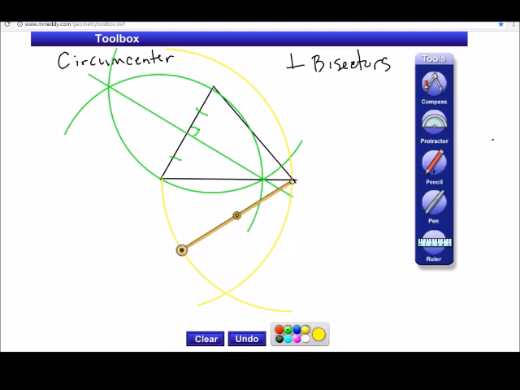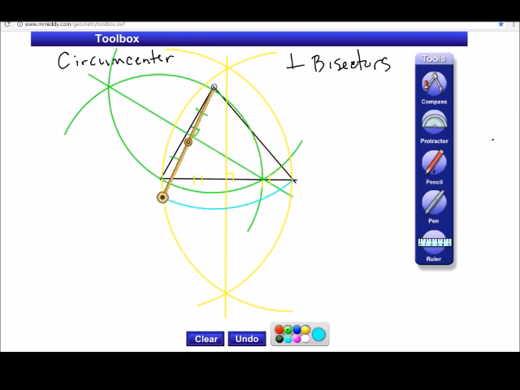Draw those arcs, get my intersection points of my 2 congruent circles, use my straight edge to connect the intersection points, and that gives me the perpendicular bisector of this side. There we go. And 2 points is enough, but we'll do the third side just for practice. It's always fun to construct perpendicular bisectors.